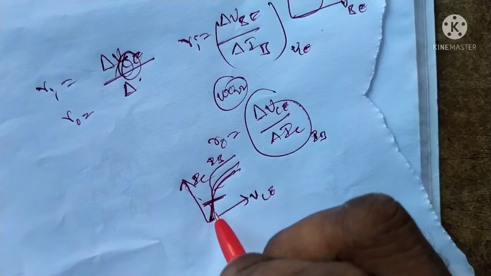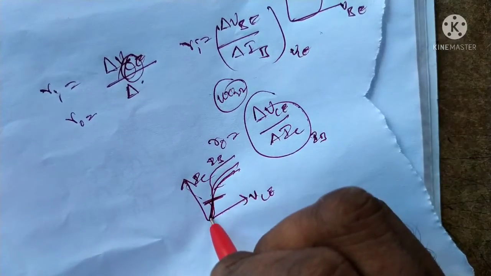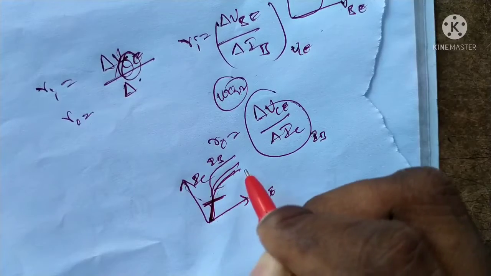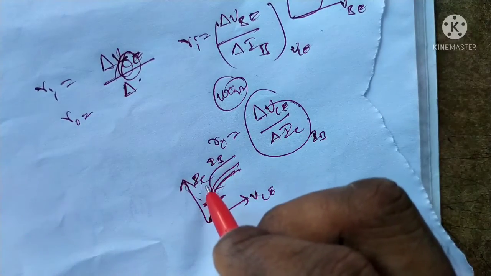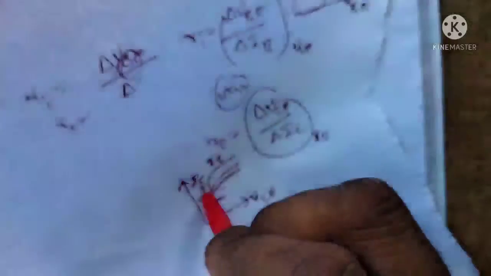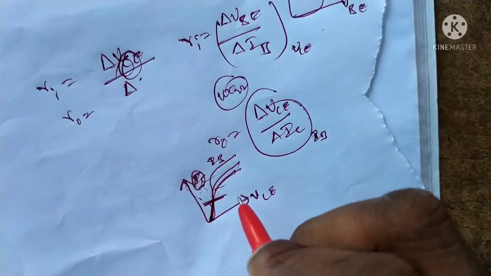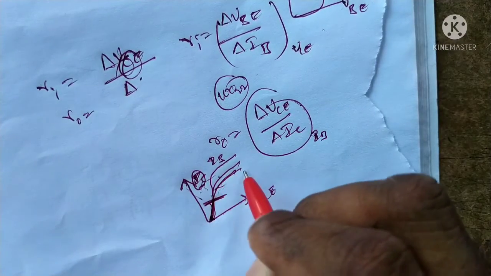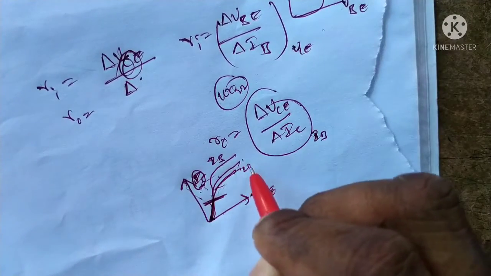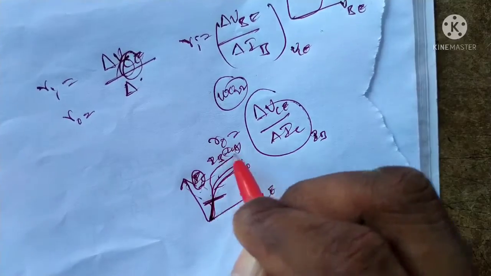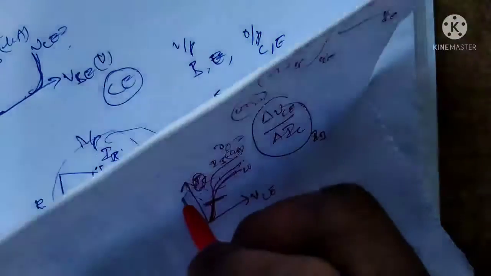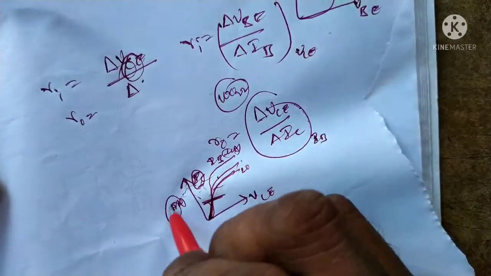As VCE increases, IC rises linearly up to a certain point, after which there is no increase in the collector current. But with increasing base current, for example 20 microamperes, the base current is in the order of microamperes, while the collector current is in milliamperes.